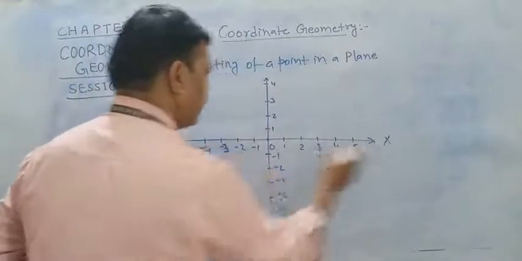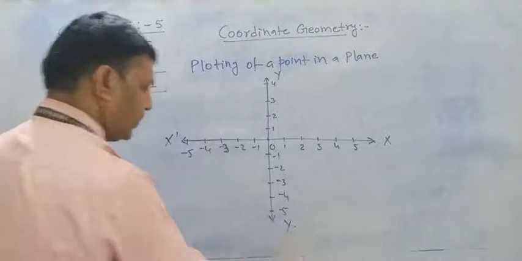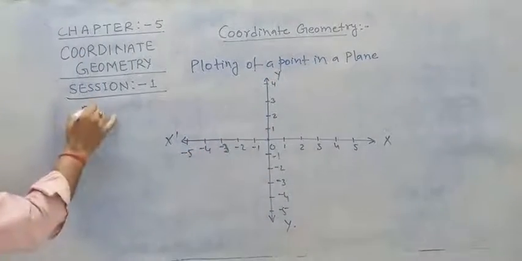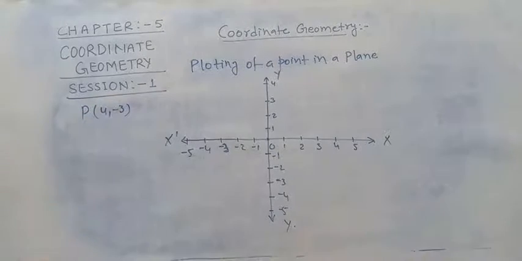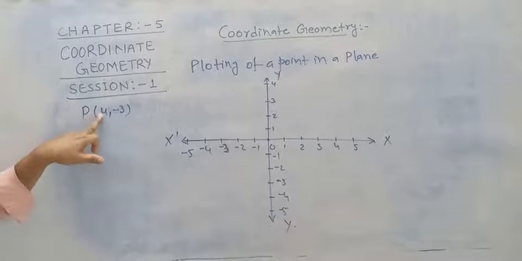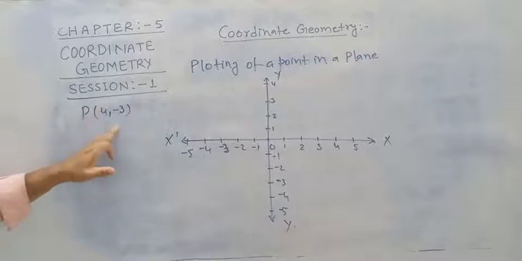This is the x-axis, x dash, y and y dash. So suppose this point P is (4, -3). What's the position? Only on the basis of the sign: the abscissa is positive and the ordinate is negative, so it must lie in the fourth quadrant.